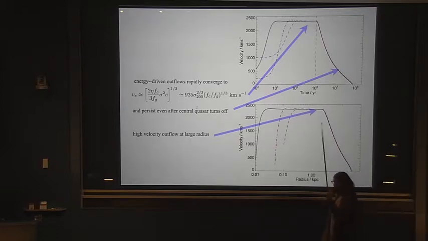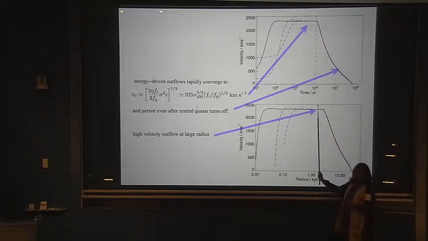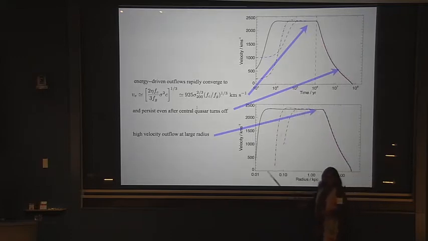The observational manifestation or test of this picture is that, in this kind of model, you can explain the high velocity outflows at fairly large radius. If you remember Mike Iraculis's diagram that I showed you, this region is observationally tractable. So the question now is to see if we can match those models.